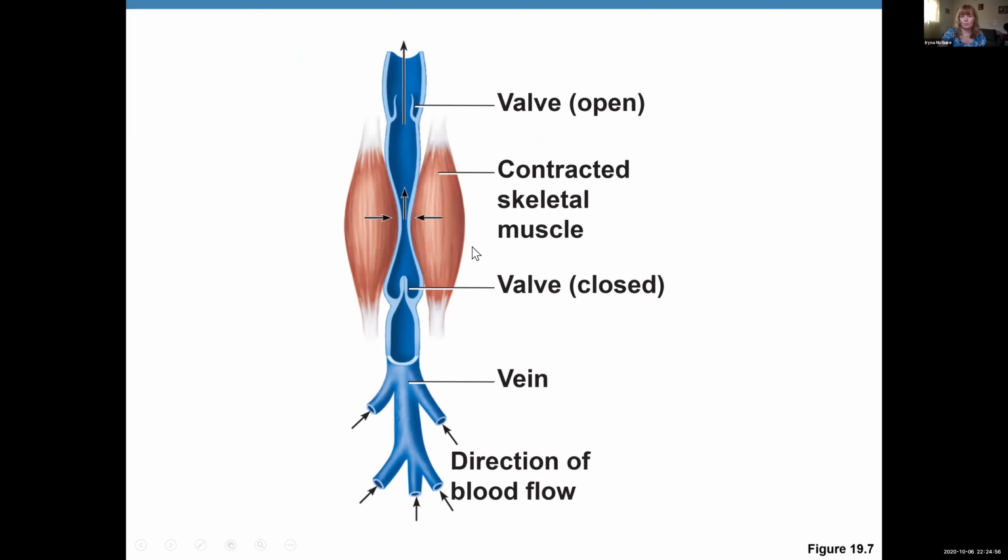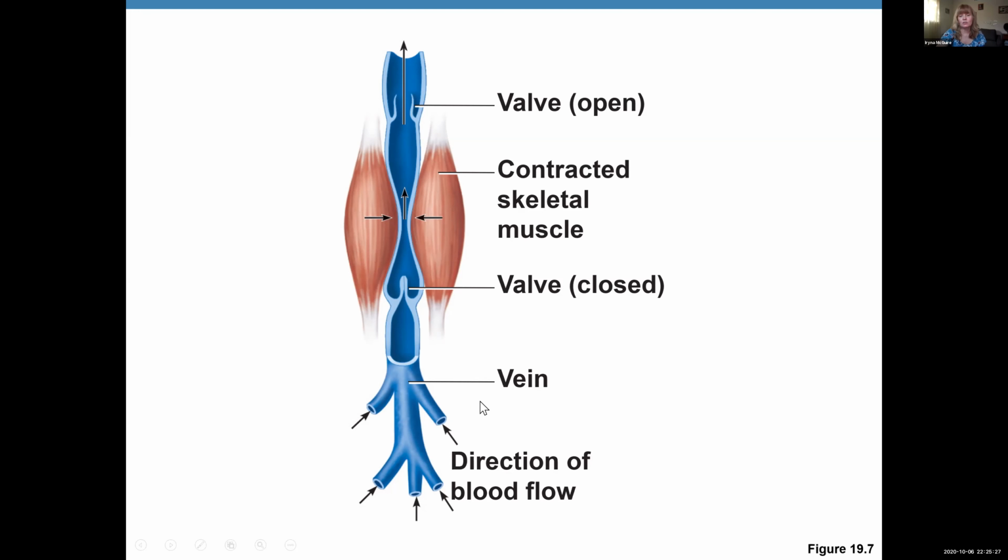So here's the muscular pump, just to give you a visual idea of how it happens. Here's the direction of blood, flowing superiorly, right? And here are your skeletal muscles. When they contract, they pump blood up to the heart, and there are valves in your veins that are not present in arteries and that prevent backflow of the blood.